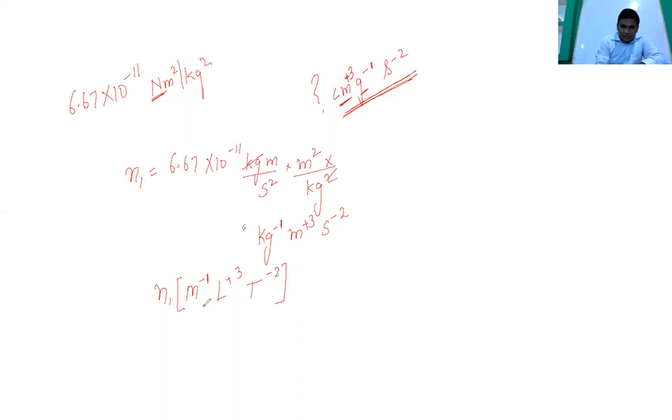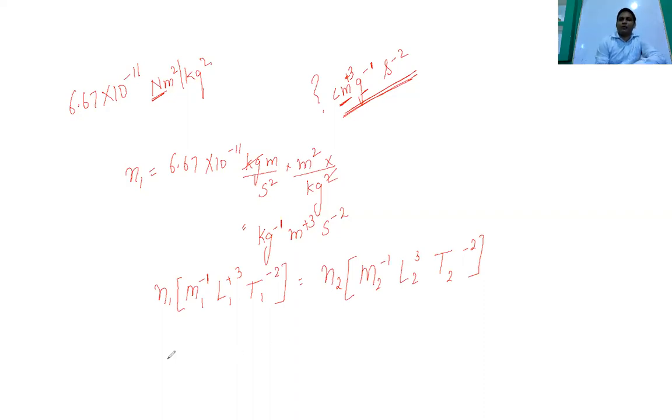Minus 2, and now you can just write here 1 and N2, and once again it will be your M2 power minus 1, L2 power 3, and T2 power minus 2.